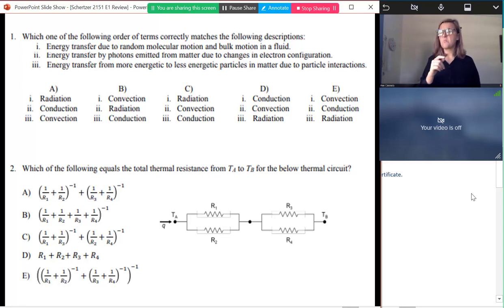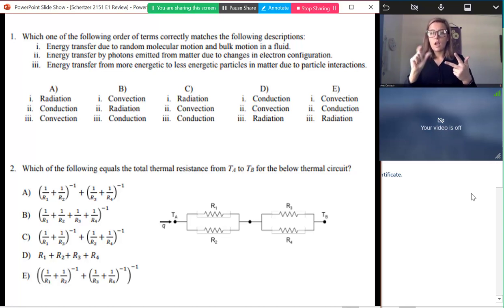So this first one says, which of the following order of terms correctly matches the following descriptions? So here they give us 3 descriptions. The first is energy transfer due to random molecular motion and bulk fluid motion. Energy transfer by photons emitted from matter due to changes in electron configuration. And energy transfer from more energetic to less energetic particles in matter due to particle interactions.